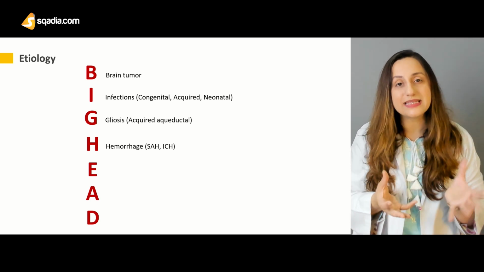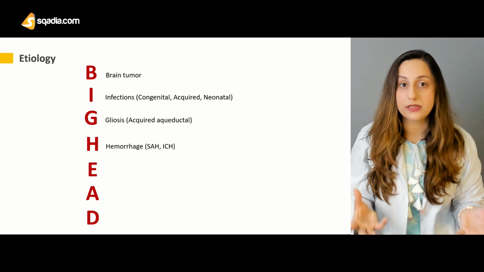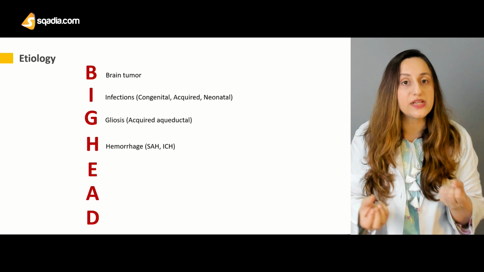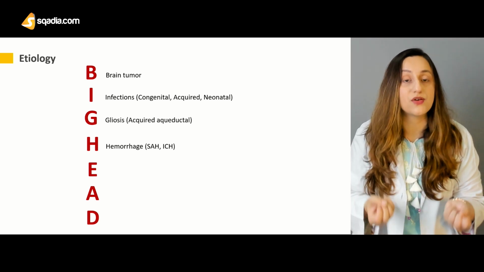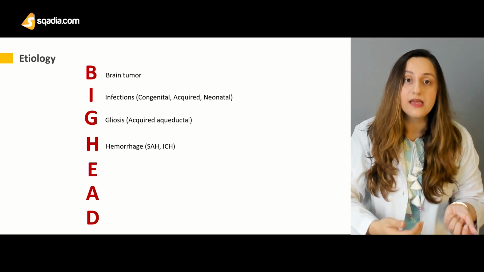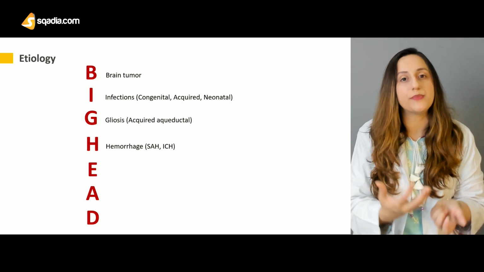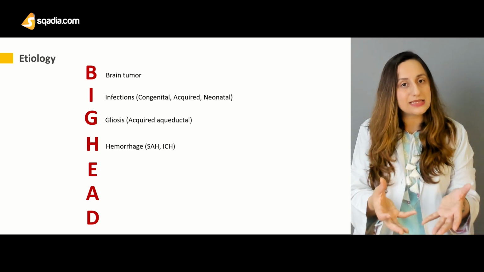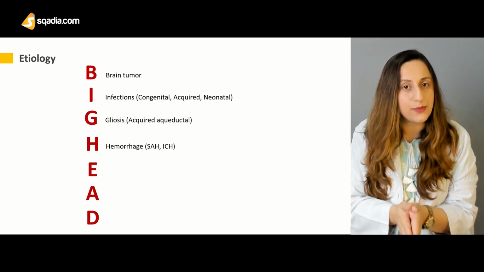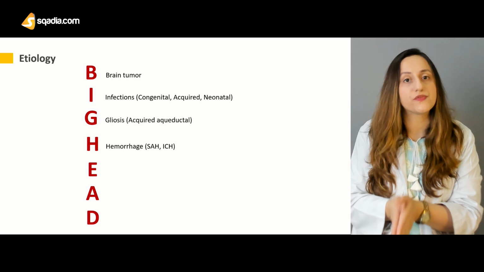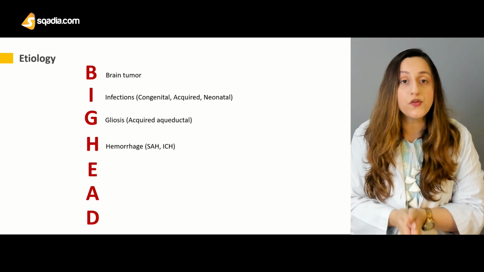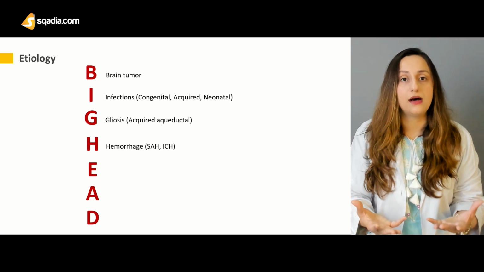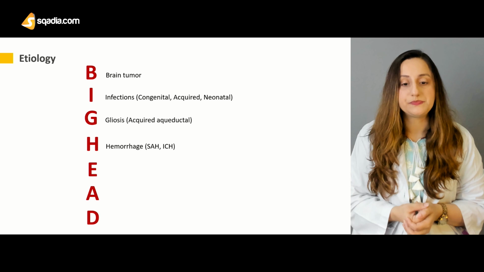The CSF is flowing in the subarachnoid space, and whenever this subarachnoid space is filled up with blood in cases of hemorrhage, which can occur due to any kind of traumatic condition, head trauma, giving way to the subarachnoid hemorrhage, it can again be one of the causative factors for the development of the hydrocephalic condition or an increased intracranial pressure, of course.